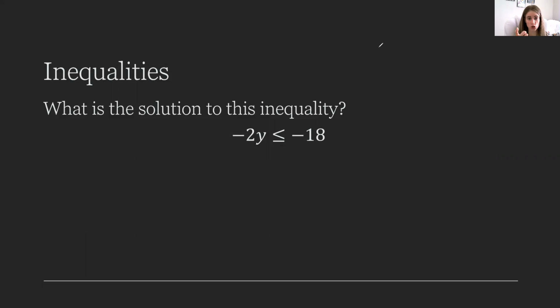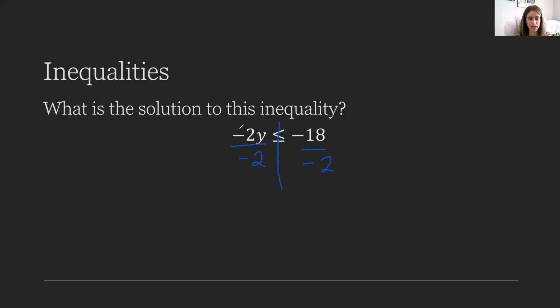So to make sure you're staying with a true statement, your inequality sign has to switch too. So for this one, we want to get y by itself. This is negative 2 times y.